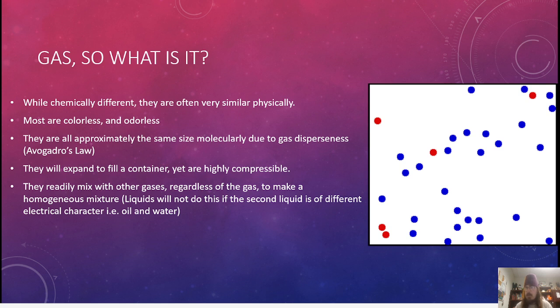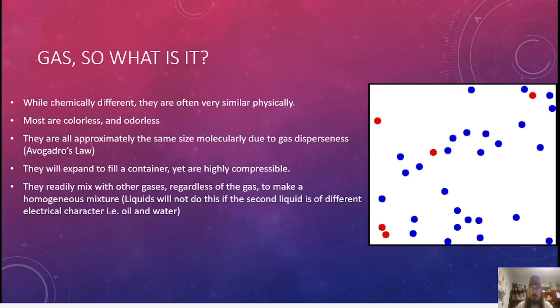Really, a gas is made up of mostly empty space with the molecules bouncing around. They're not all packed tightly together like you would see in a solid or even a liquid. Essentially, because of this, the gases are essentially the same size.